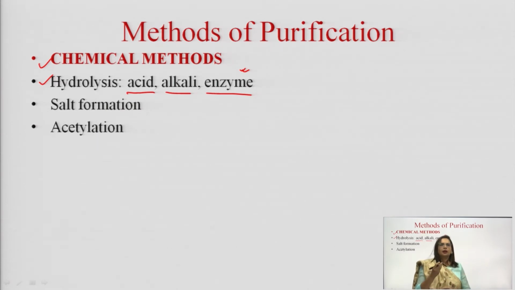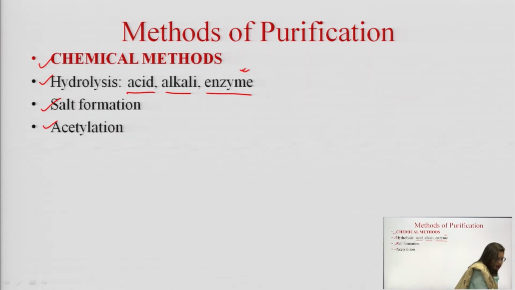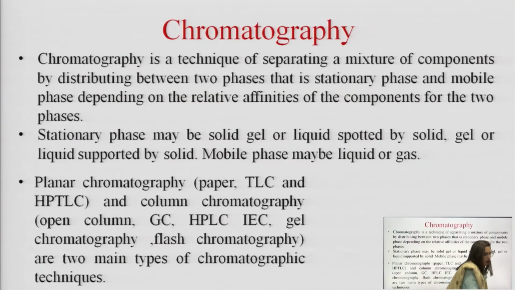Like some of the glycosides, they are treated with the enzymes so that their aglycon and glycon, that is the sugar and non-sugar part, could be easily separated out, and the more biologically active aglycon could be isolated. Another chemical method is salt formation. This technique is generally used for alkaloids where salts are prepared, and then we do have acetylation. We'll thoroughly go through these methods of purification.